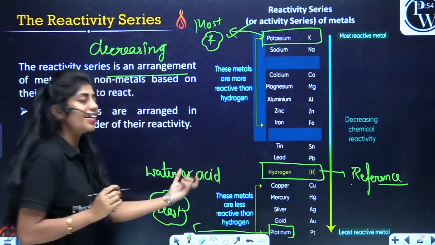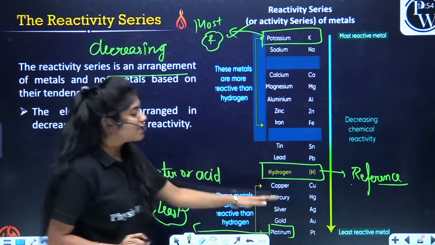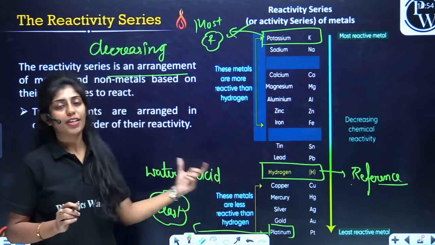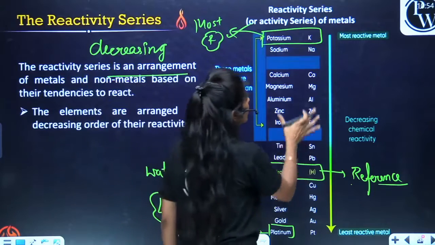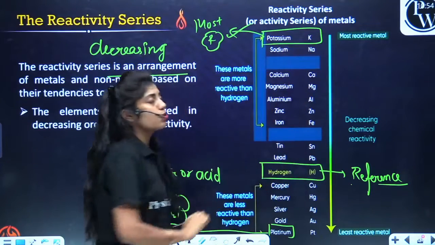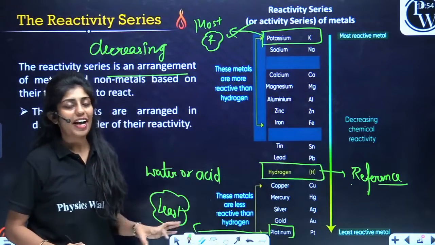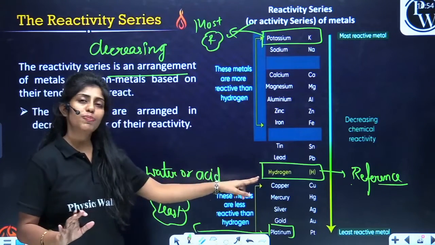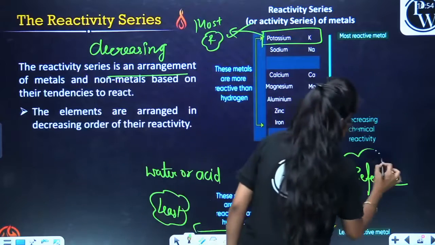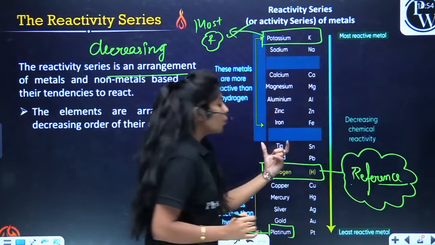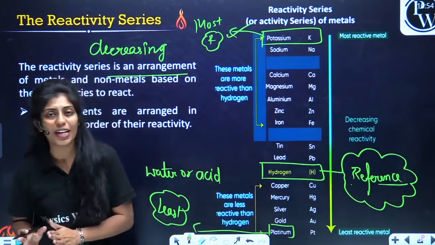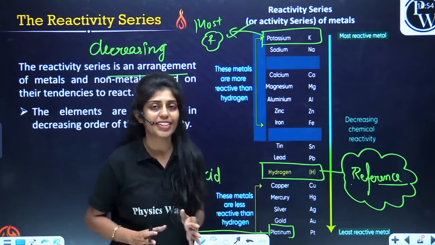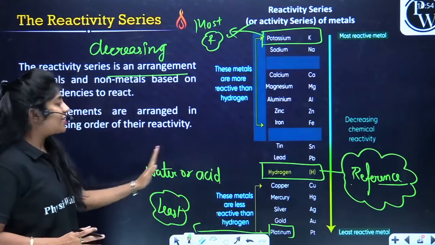Water and acid both have hydrogen, so these metals will not be able to displace that when they react with acid and water, while the metals which are placed above hydrogen will be displacing hydrogen in their acid or water solution. So are we good? Why is hydrogen placed here? For the reference only, to understand what are the metals that can displace hydrogen from water and acid, and what are the metals that cannot displace hydrogen from acid and water.